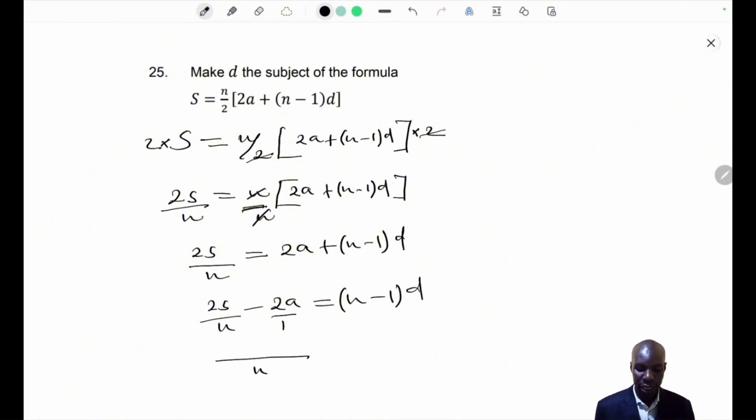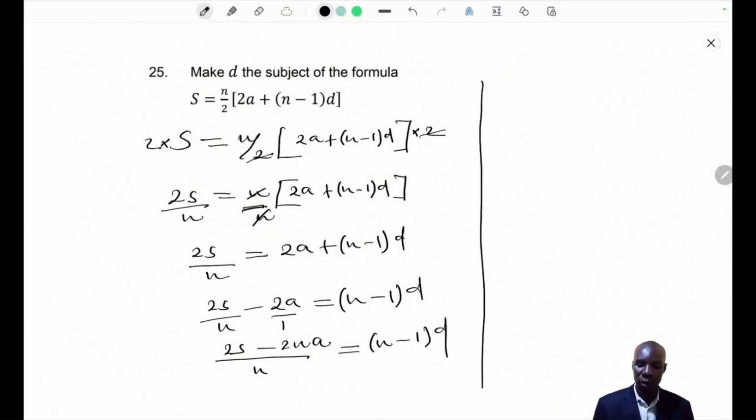LCM here is n. N goes into n 1 times. 1 times 2s, we'll have 2s. Minus 1 goes into n times. N times 2a, you'll have 2na. Should be equal to n minus 1 d.